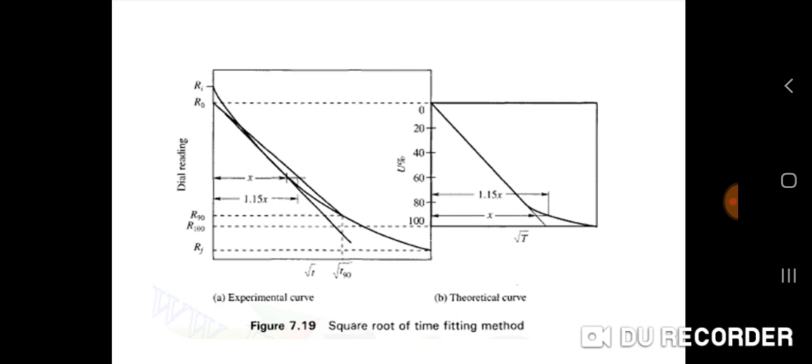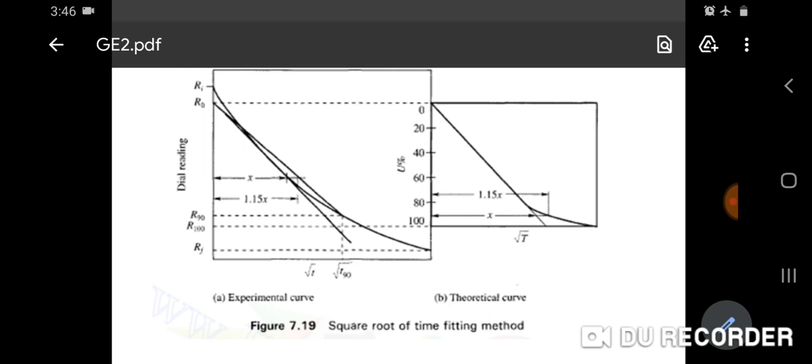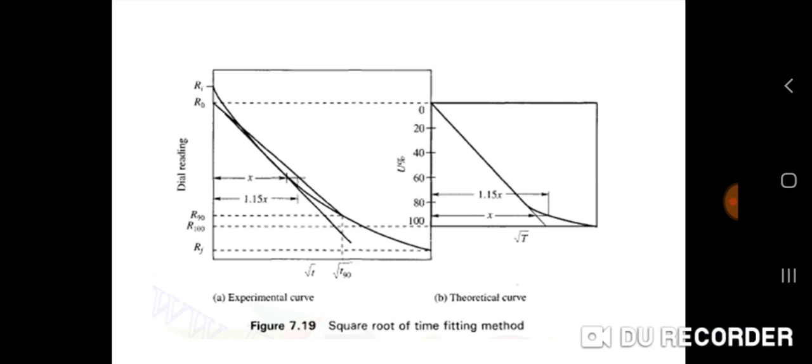It is a curvy shape, but from R0 till some point it has a straight line, as shown in the diagram. This straight line shows 90% of the time has been taken.